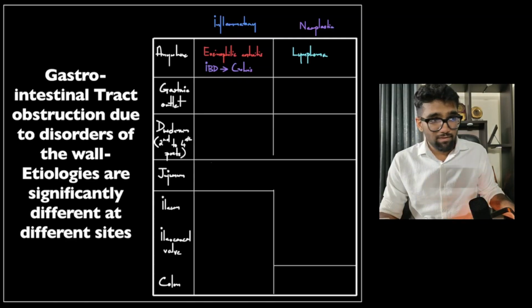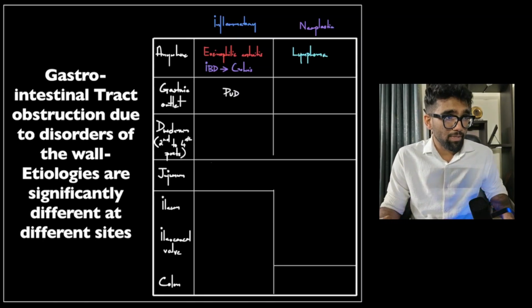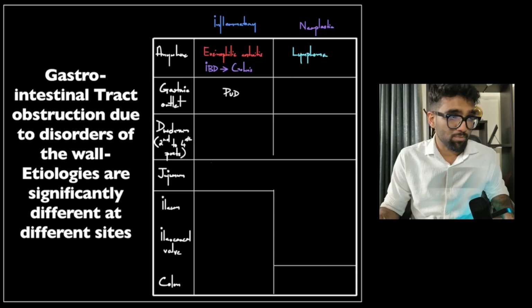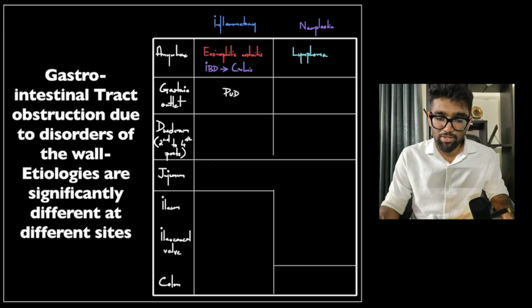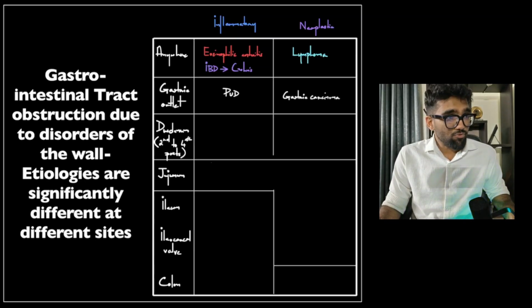And then we have our gastric outlet obstruction, which can happen due to peptic ulcer disease. And you would recall that we will be discussing peptic ulcer disease as a separate topic under an approach to poorly localized but significant abdominal pain. So we'll leave it at that for now. Then we have gastric carcinoma as a neoplastic etiology causing gastric outlet obstruction.